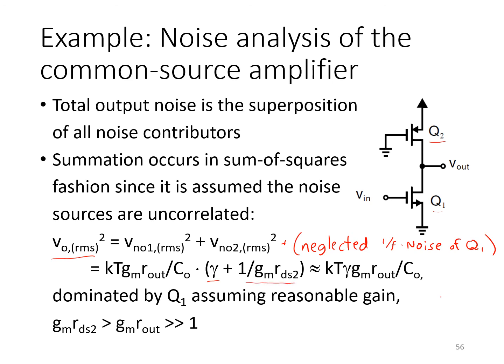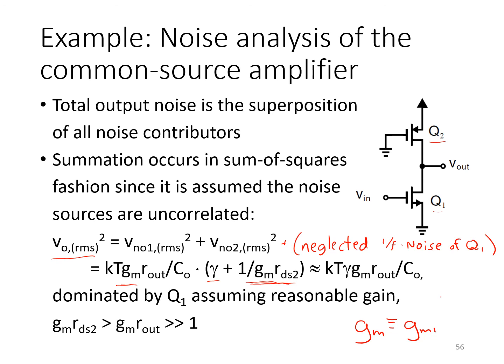You'll notice that the contribution of Q2's thermal noise does not depend on GM1, because this term here has GM1 in the numerator and the denominator, and then there's GM1 in the numerator showing up here. So in all these expressions, GM is just GM1.